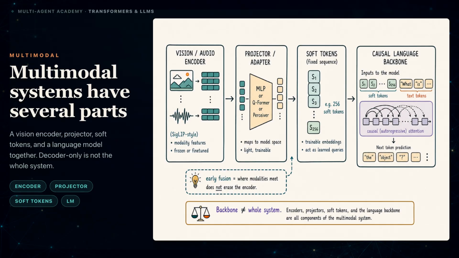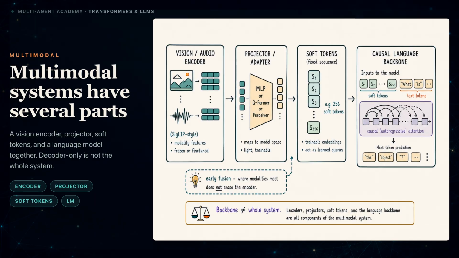Multimodal systems make decoder-only an incomplete label. Gemma 3 still uses a decoder-only language model for text, but images first pass through a SigLIP vision encoder. A projector maps those vision features into a fixed sequence of soft tokens the language model can read. Then those soft tokens and the text tokens share one sequence. Llama 4 is also autoregressive and uses early fusion, meaning image and text tokens meet in the language model input.